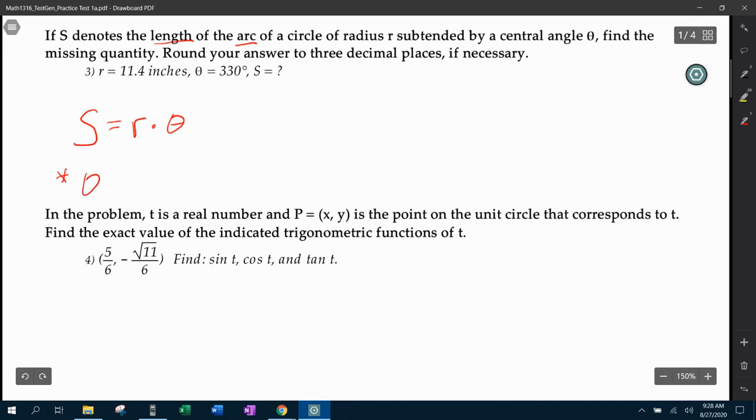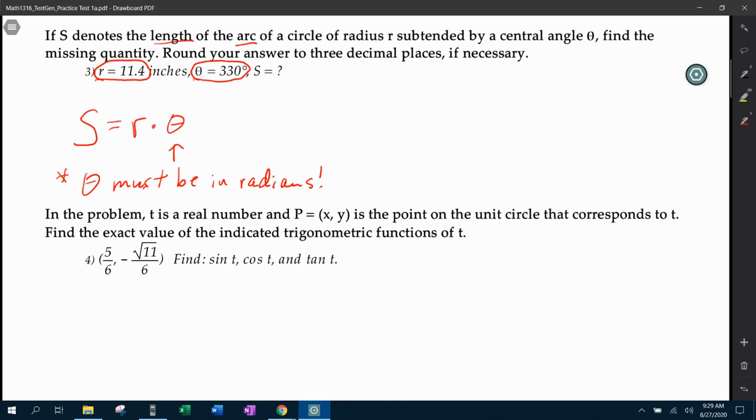And just remember that theta must be in radians. Okay, important to remember theta must be in radians in order to plug into this formula here. Okay, so let's see what they give us. They do give us a radius of 11.4 inches and an angle of 330 degrees.